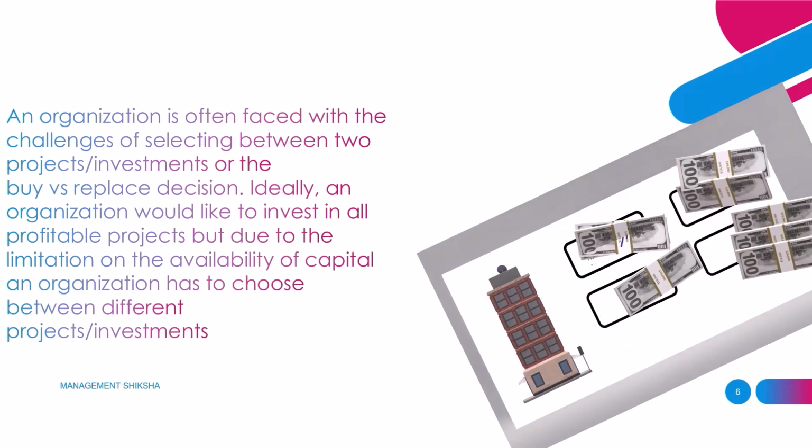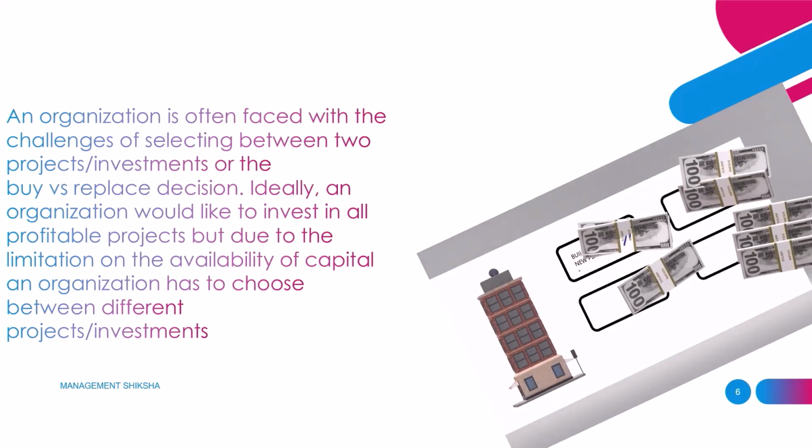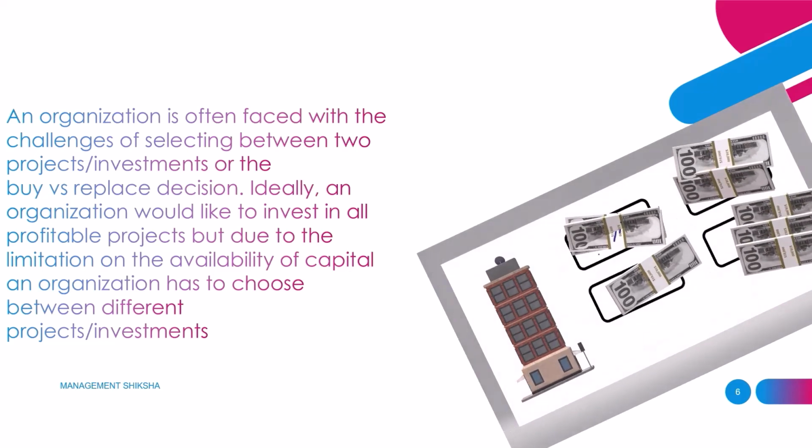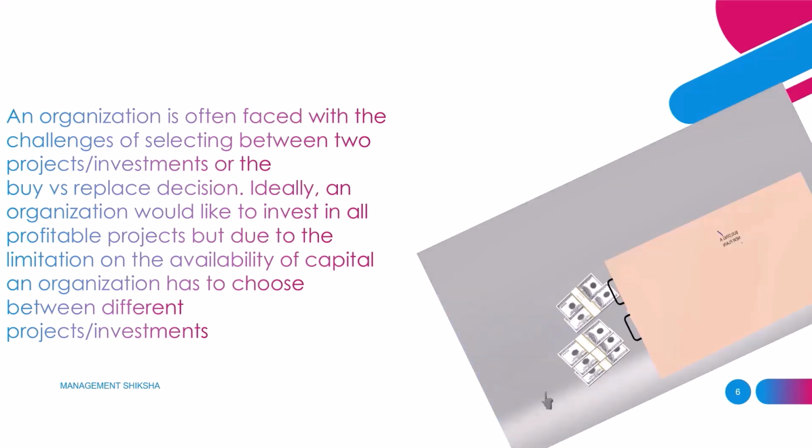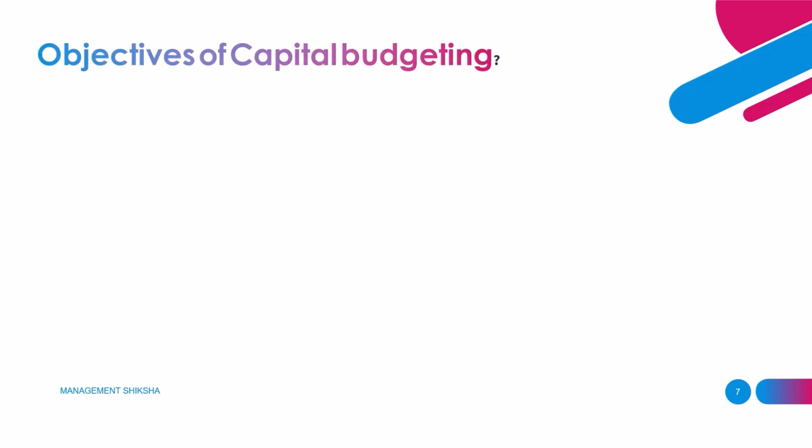One of the primary goals of capital budgeting investment is to increase the value of a firm to its shareholders. Capital expenditures have a long-term effect. Therefore, while performing a capital budgeting analysis, an organization must keep the following objectives in mind. The first objective is selecting profitable projects.